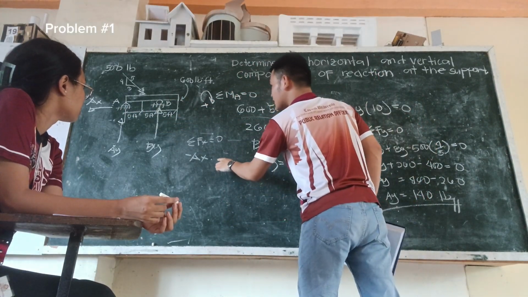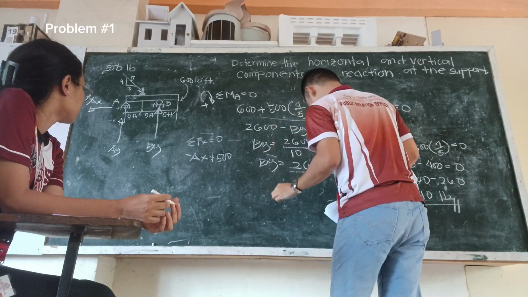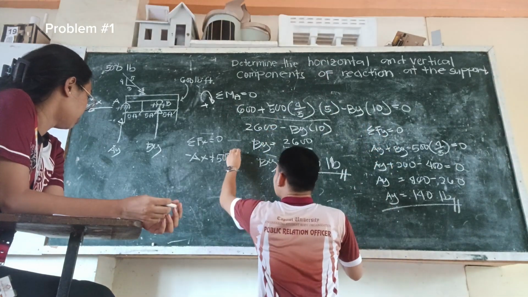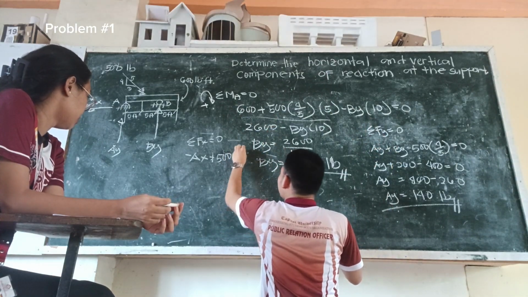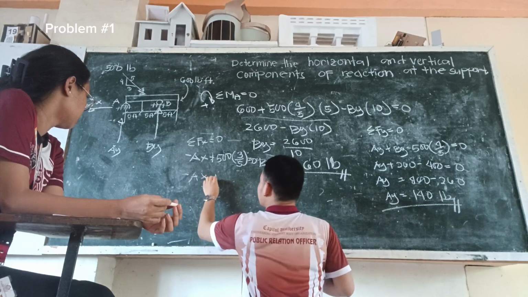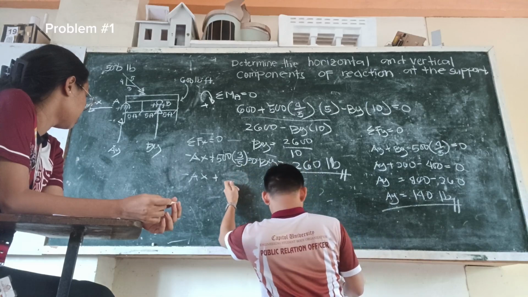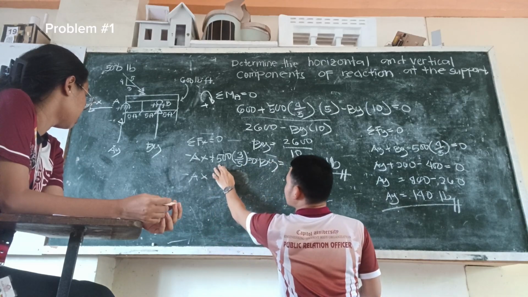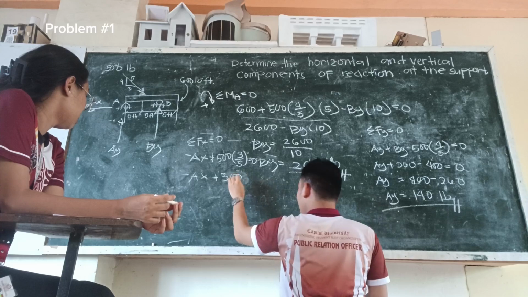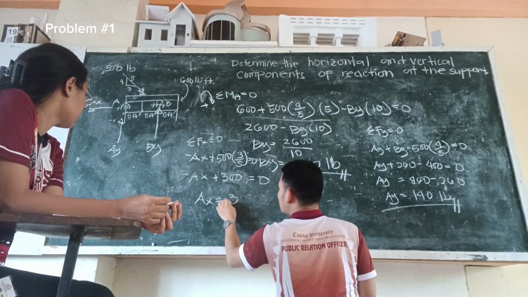So negative Ax plus 500 times the horizontal component, the 3 over 5, is equal to 0. 500 times 3 over 5 is 300, so the value of Ax is equal to 300.